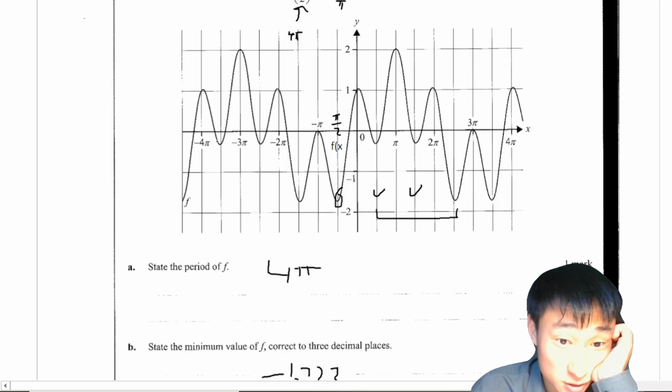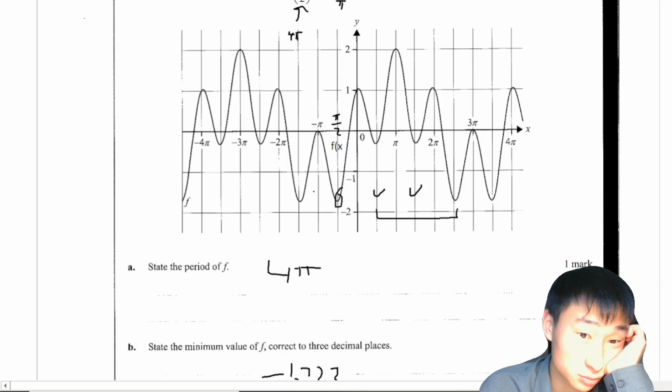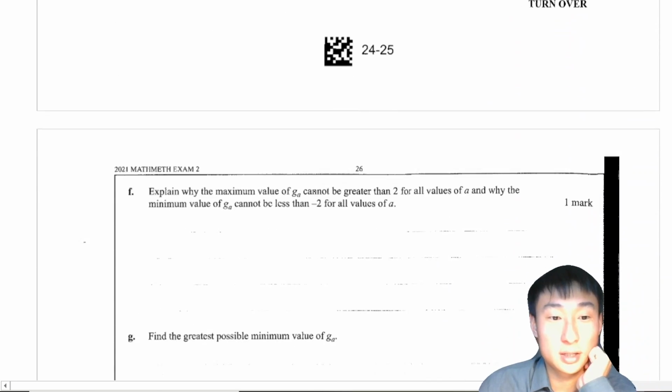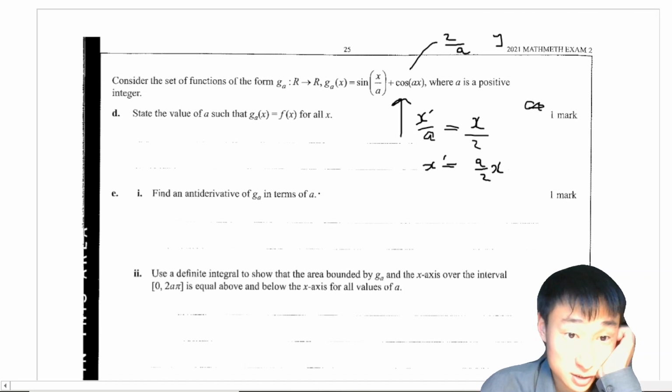But what if these two humps here become these two humps? That's a translation though. Set the value of a such that GA of x is equal to f of x for all x.